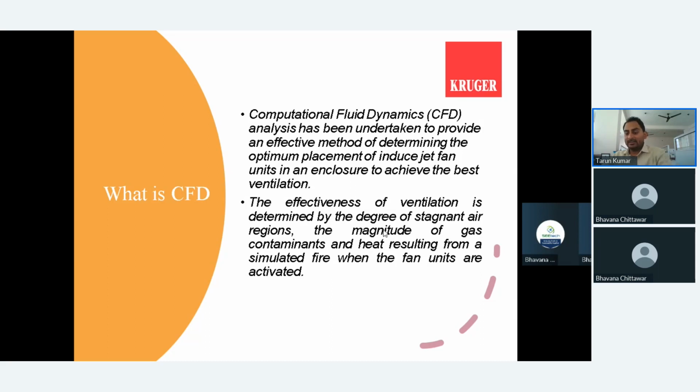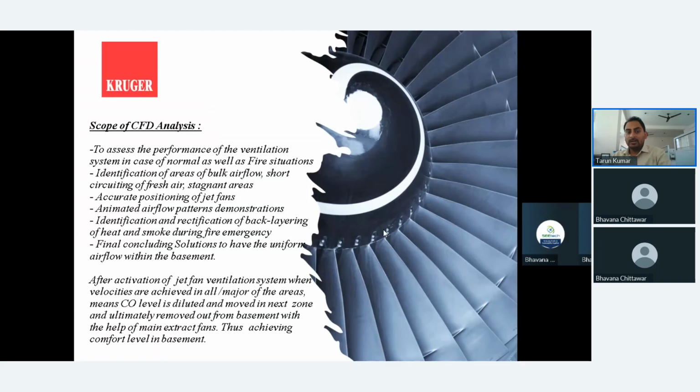In this case, the designer needs some data to make the CFD analysis. Basically, CFD analysis assesses the performance of the ventilation system in normal as well as fire mode. In CFD analysis, we identify areas of bulk airflow, short cycling of fresh air, and stagnant areas.